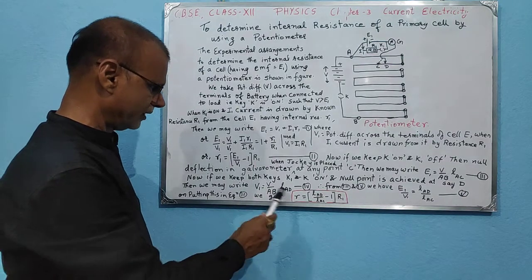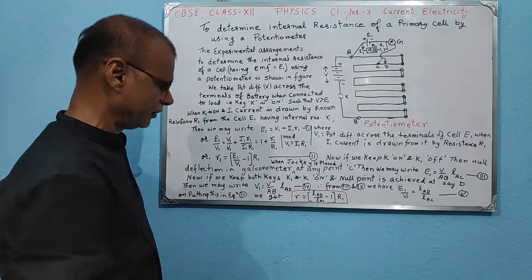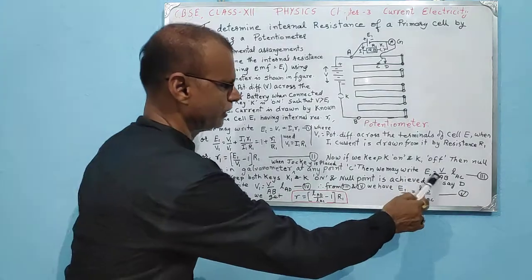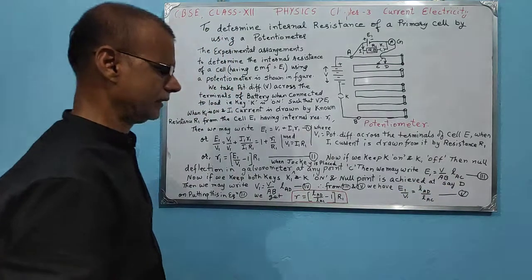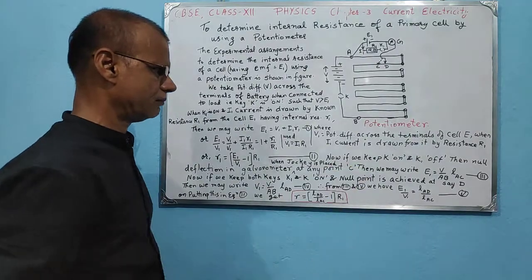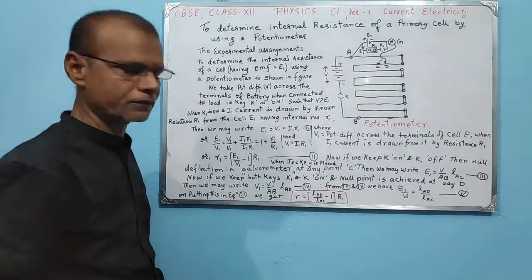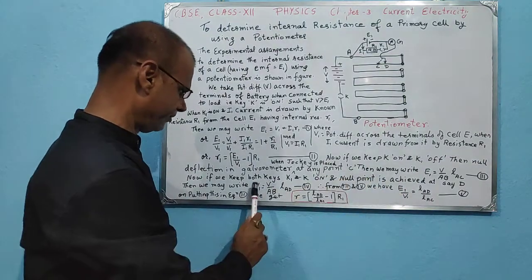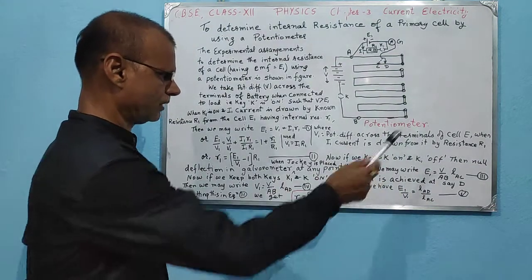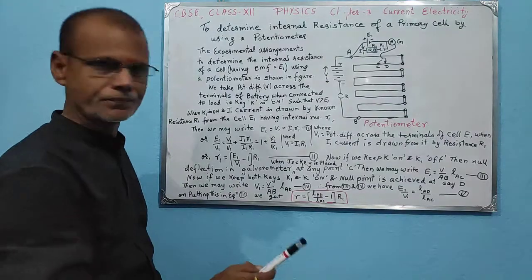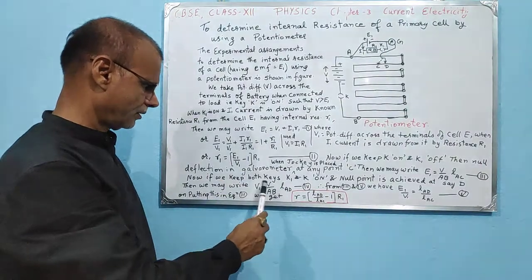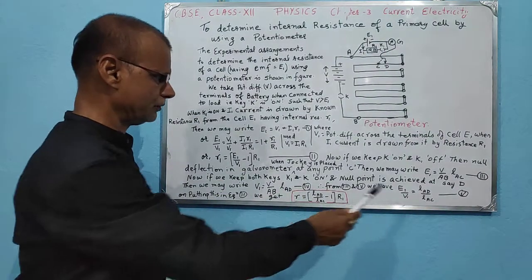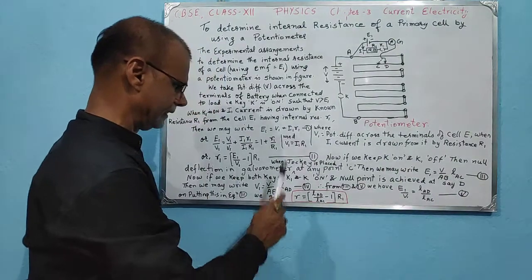So we have V1 is equal to V by AB into LAD, and E1 is equal to V by AB into LAC. On dividing equation number 3 by equation number 4, we get the ratio E1 by V1. V by AB is common in both, so they cancel each other. We have E1 by V1 is equal to LAC by LAD.